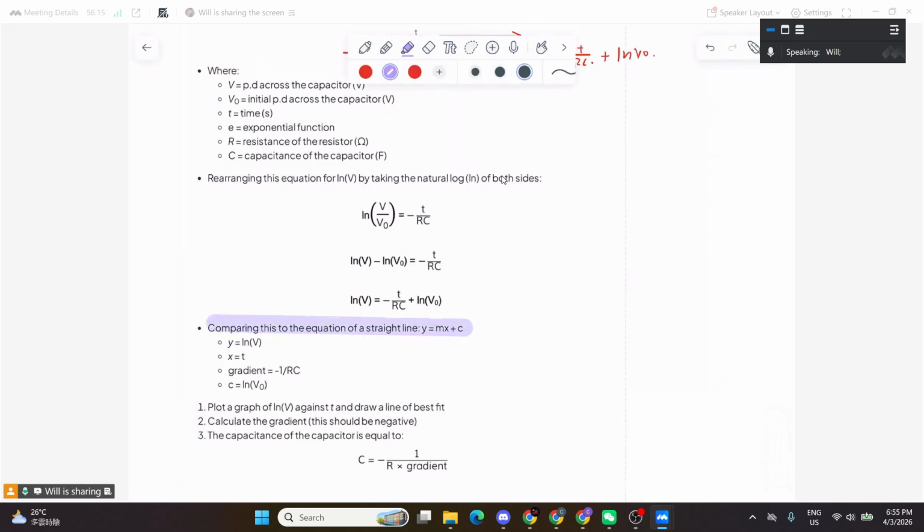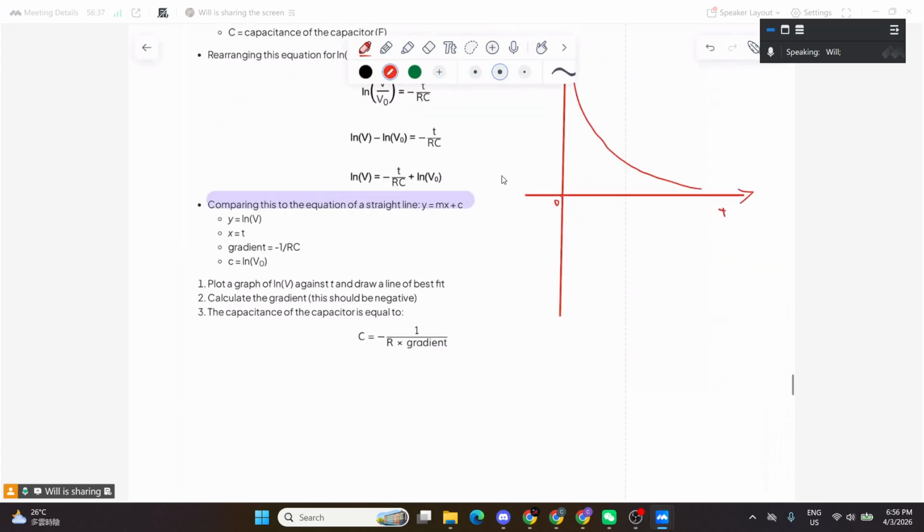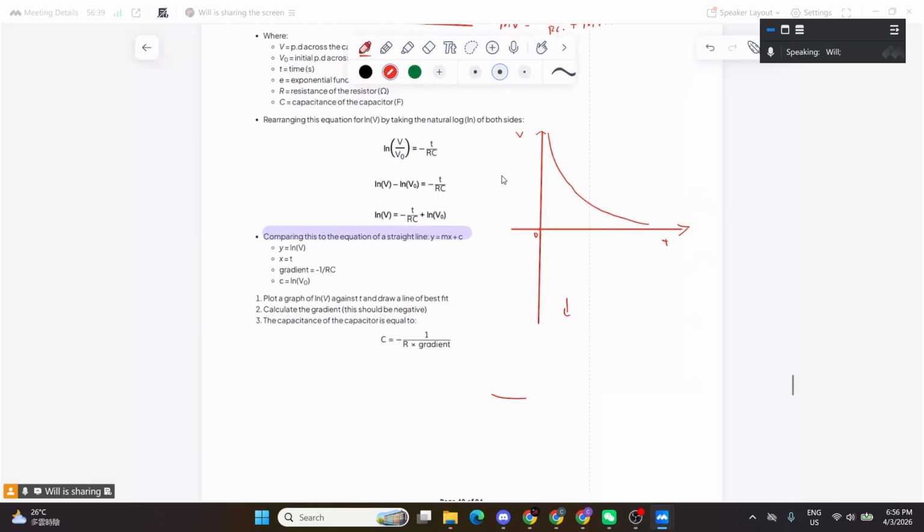After that, we can plot the graph in linear form, like this. The y-axis is potential, the x-axis is time, and the line is the exponential curve. Transformed into the linear form, the y-axis is ln V and the x-axis is t.